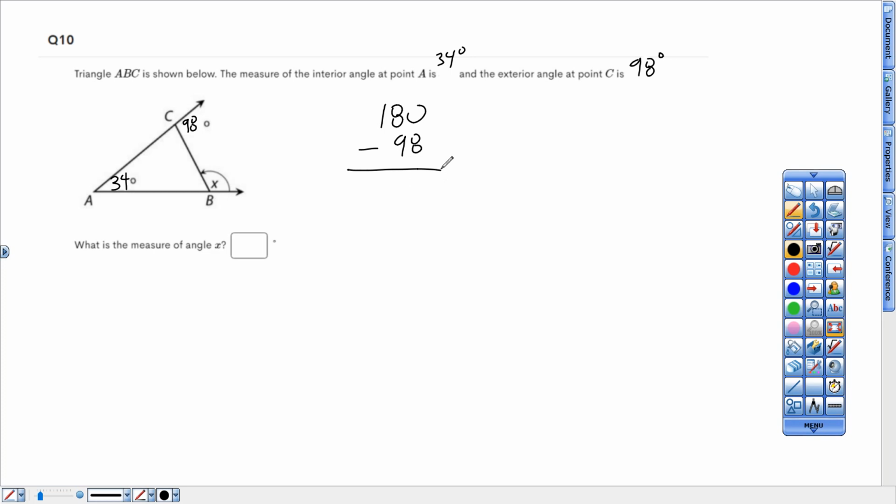What's left to get it to be 180? So 180 minus 98 gives me 82. That angle is 82. Don't put that as the answer though.